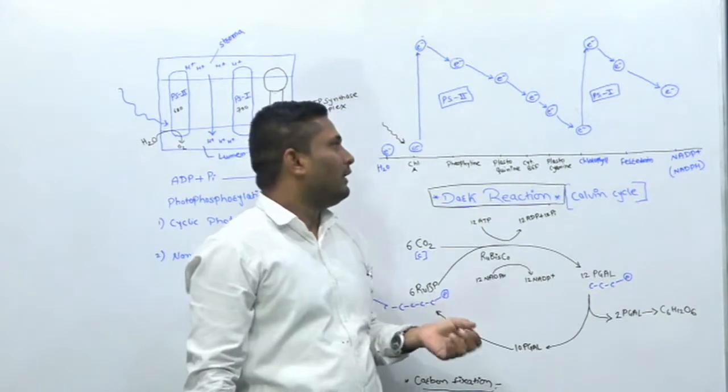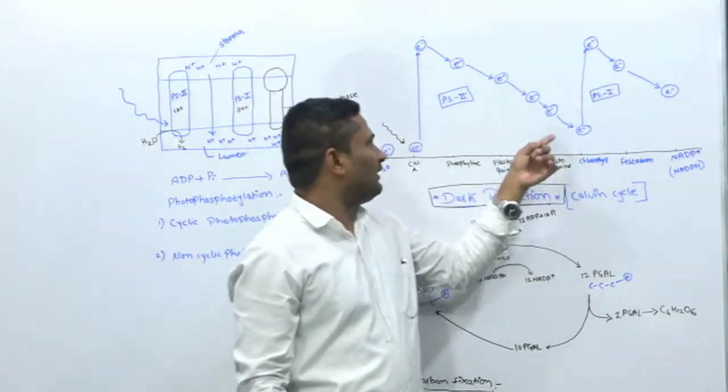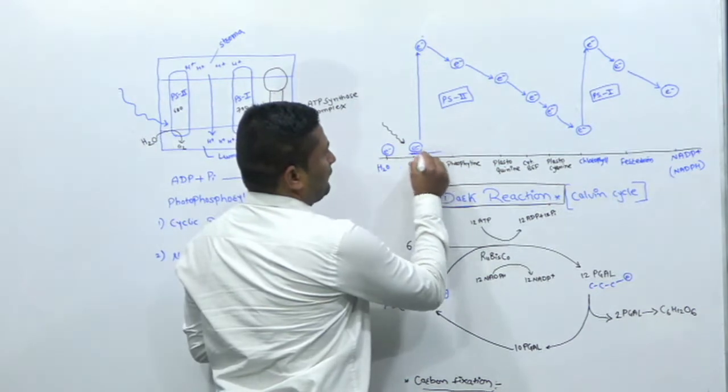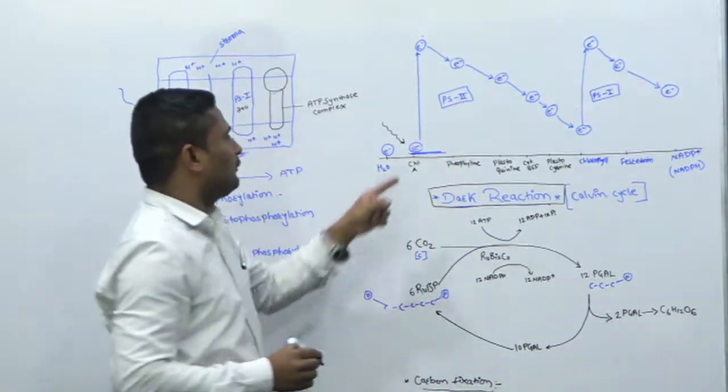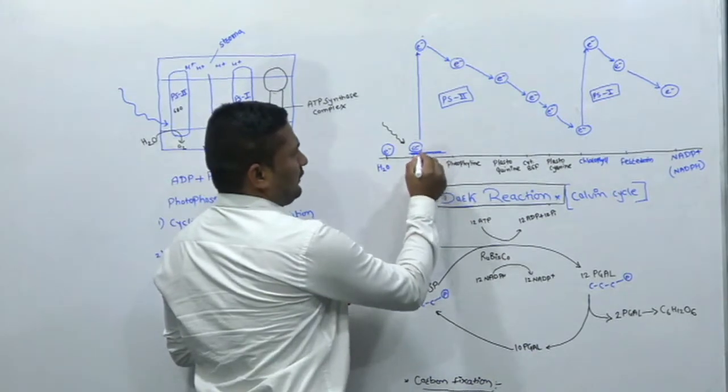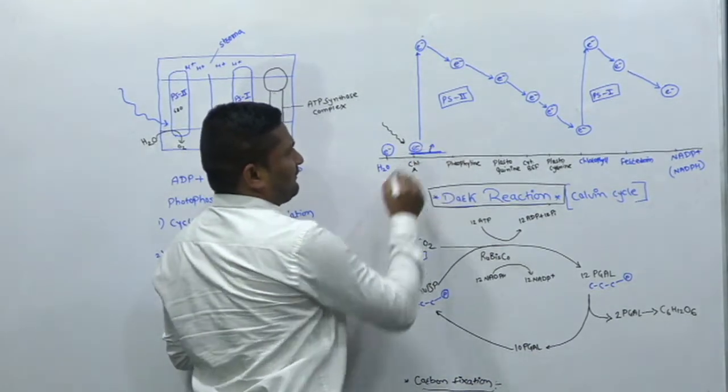Okay? Now what will happen here? See, we started from this state, right? We started from this state. That means the electron which was present initially was at this energy state, right?